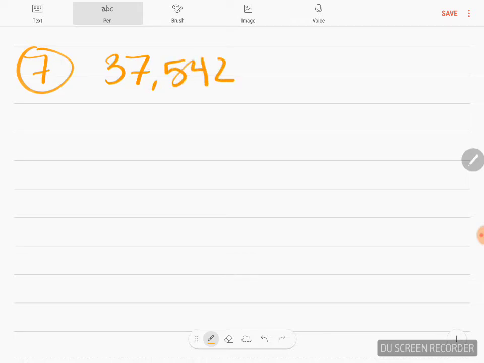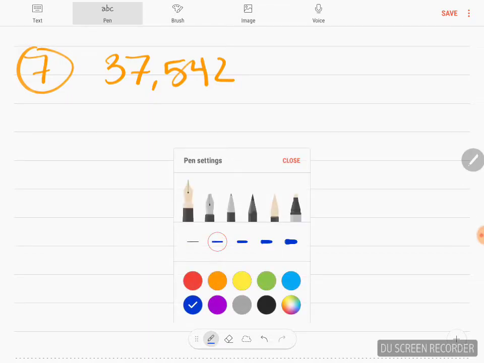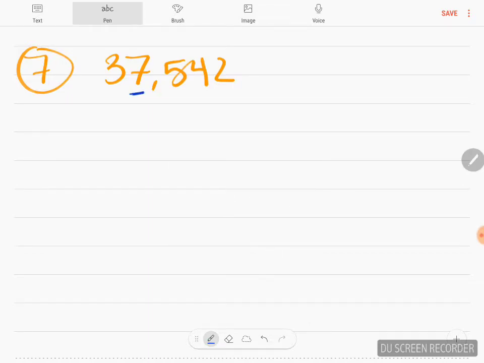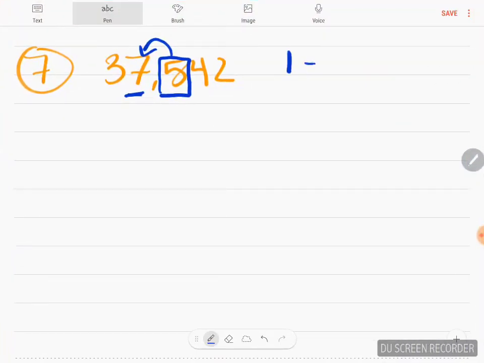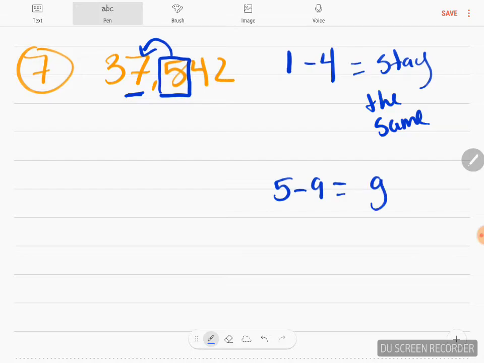37,542. And it says round to the nearest thousandth. So our thousandths, this is the number we're looking at. So we're going to look at the 5. Now remember, 1 through 4 says stay the same. 5 through 9 says goes up.